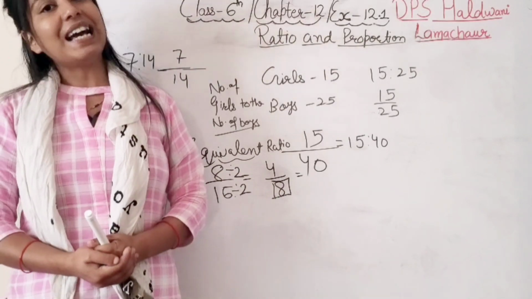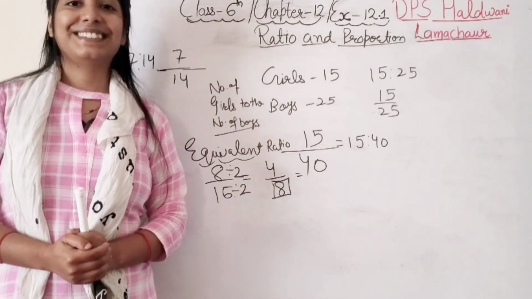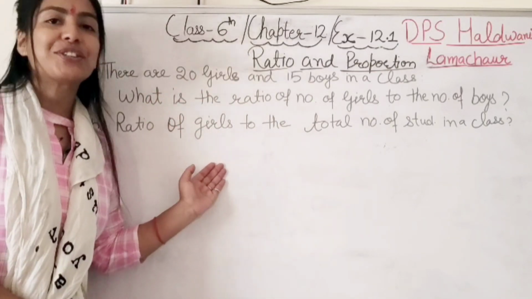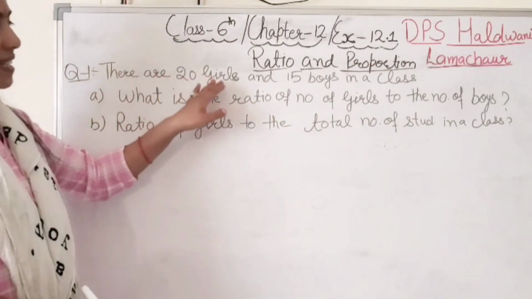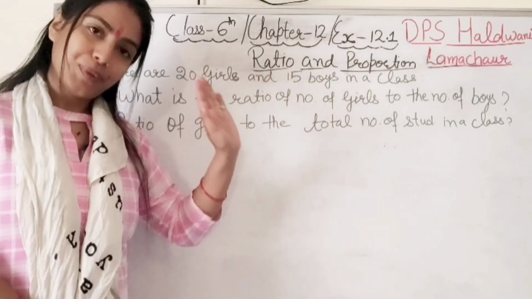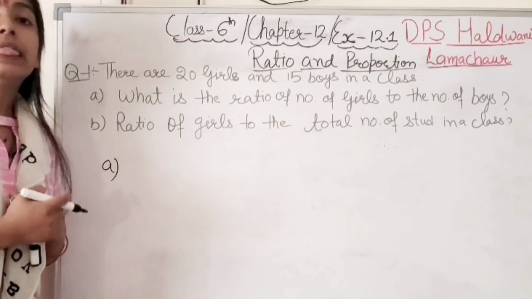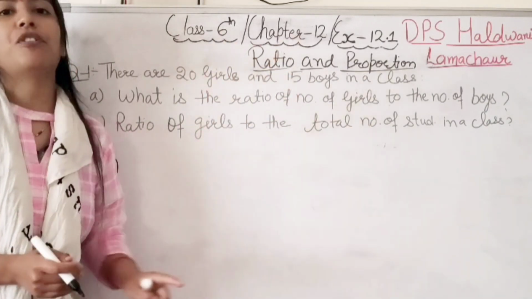Okay, so let's start the questions. Coming to question number 1, the same question which we discussed in the introduction part. See, there are 20 girls and 15 boys in a class. A part: what is the ratio of the number of girls to the number of boys?